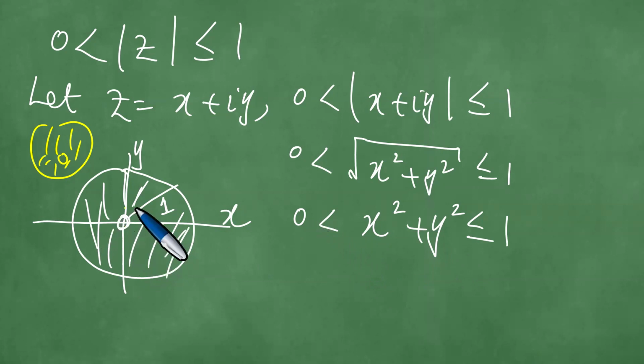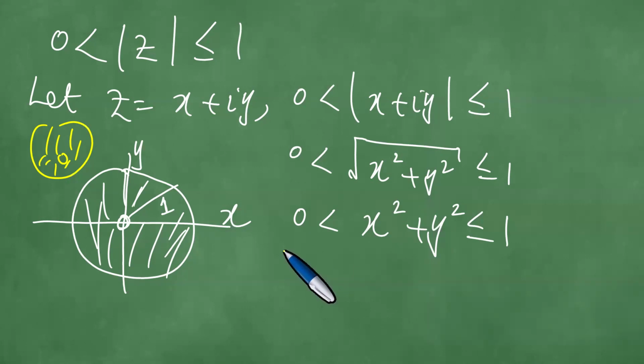So 0 is out of the picture. It means x and y cannot both be 0, but you can allow x alone to be 0 so that y is bigger than 0, and so on.